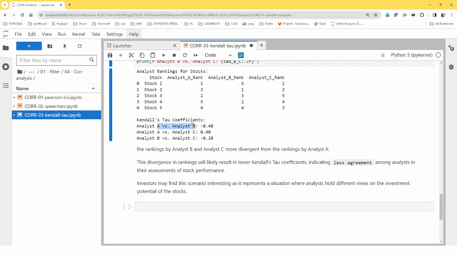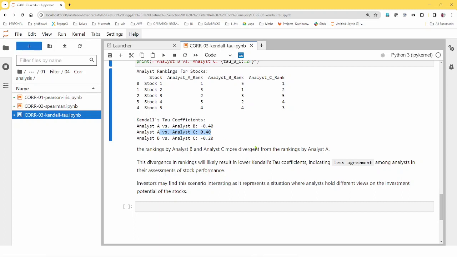That means there is some problem in terms of whatever. It could be the ranking system, it could be the idea that they have, or their knowledge about the stocks. It could be any other reason. A and C are positively aligned, but not very strongly. So these are the use cases where we apply Kendall tau.